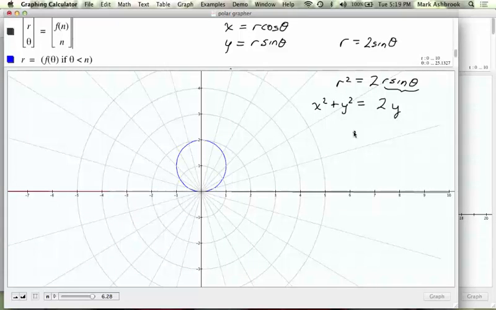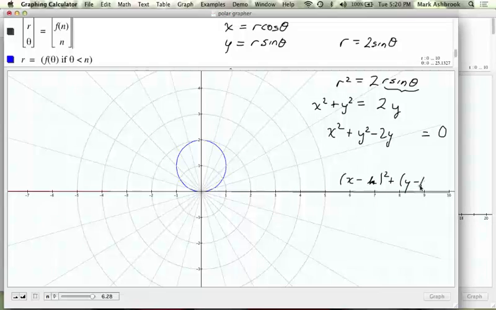And so now can I change this into a circle? So x squared plus y squared minus 2y equals 0. I need to complete the square because the form of a circle, if we're thinking this is a circle, what's our equation of a circle? x minus h squared plus y minus k squared equals r squared, meaning the radius.